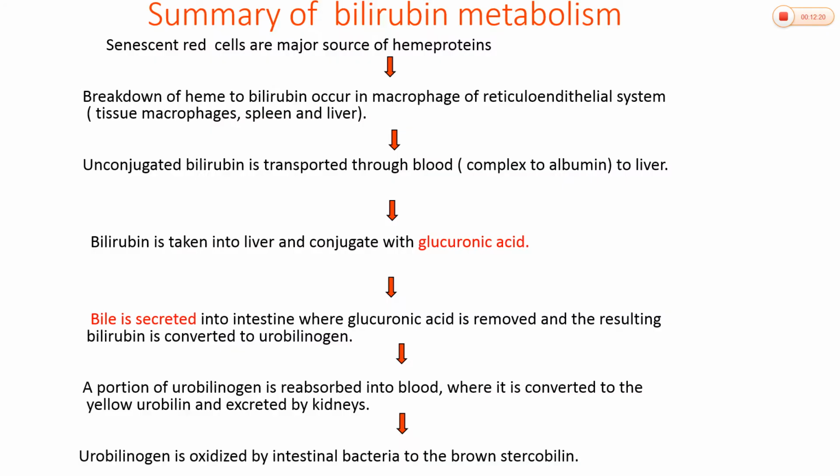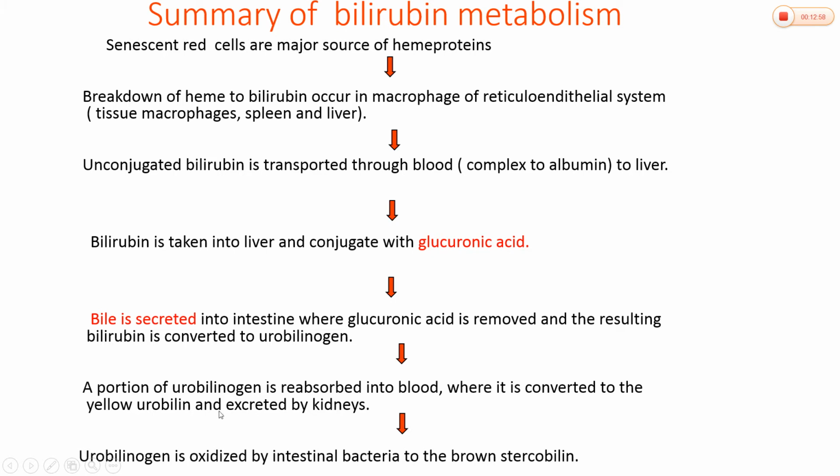To summarize this whole thing, senescent red blood cells are a major source of hemoproteins. The breakdown of heme to bilirubin occurs in the macrophages of the reticuloendothelial system, and this unconjugated bilirubin is transported through the blood, complexed with albumin, to the liver. In the liver, the bilirubin is conjugated with glucuronic acid and then secreted into the intestine, where the glucuronic acid is removed, resulting in the formation of urobilinogen.